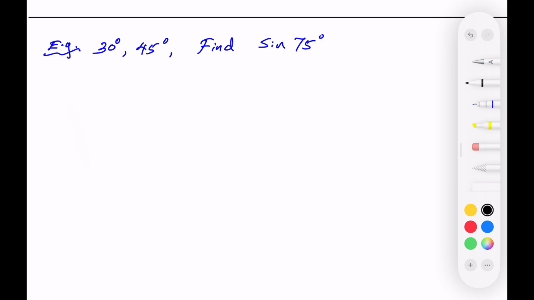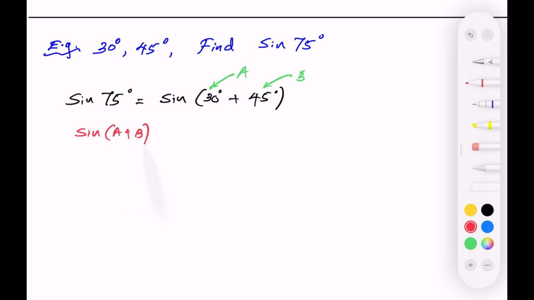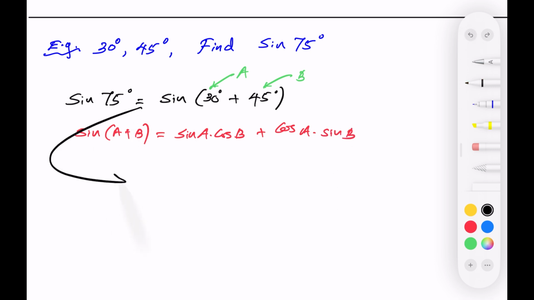I'm going to write down sine 75 degrees as sine of 30 plus 45, which means I'm going to identify 30 as my angle A and 45 as my angle B. We know that sine A plus B is equal to sine A cosine B plus cosine A sine B. Therefore, sine 75 degrees can now be written as sine 30 degrees times cosine 45 degrees plus cosine 30 degrees times sine 45 degrees.